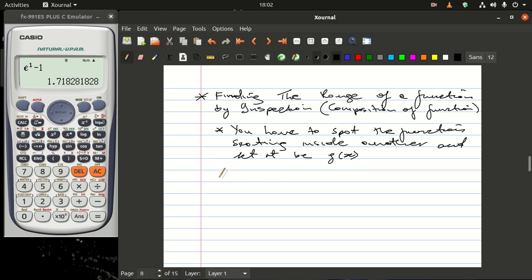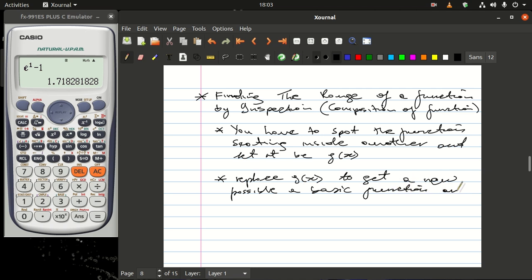The second thing is replace g of x by x to get a new possible basic function and call it h of x.